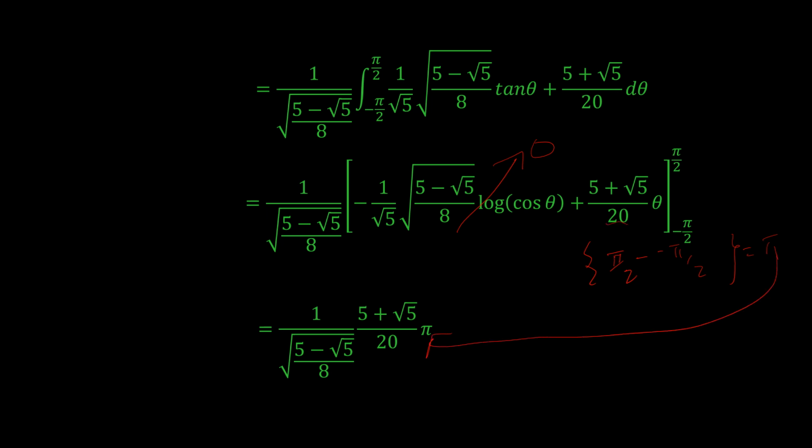So this constant comes from here. This comes from here right away. Okay, and do some further simplifications, since we already have 1 over square root of 5 minus square root of 5 over 8 times 5 plus root 5 over 20 pi.